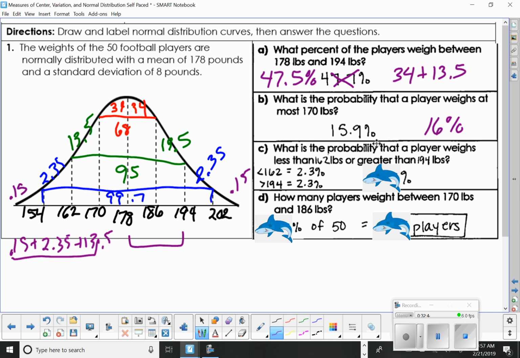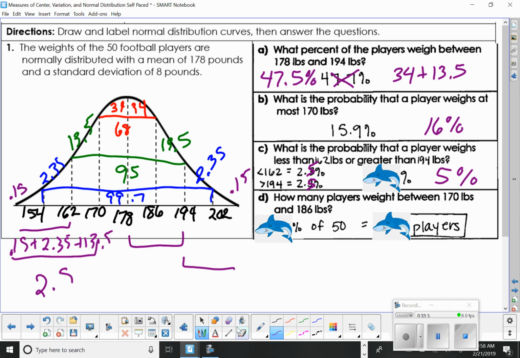What is the probability that a player weighs less than 162 or greater than 194? Well, less than 162 is going to be 2.5%, and greater than 194 again is 2.5% using the Virginia SOLs, which means that it is a 5% chance.